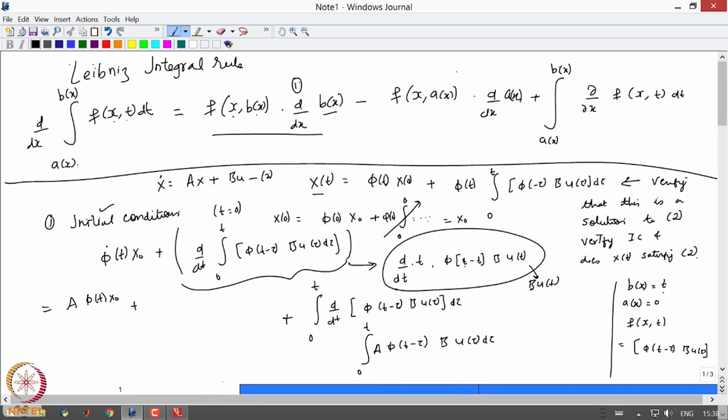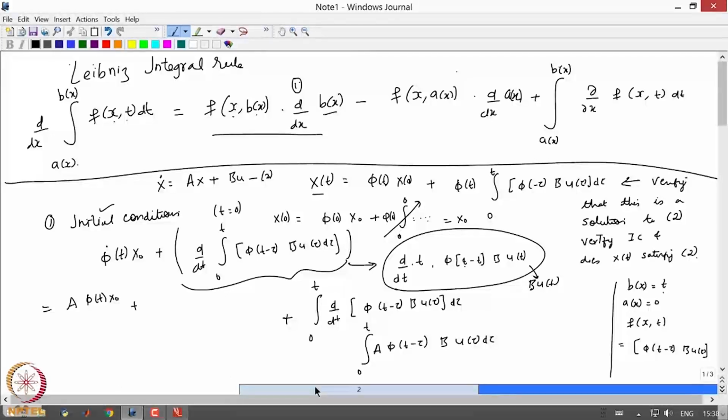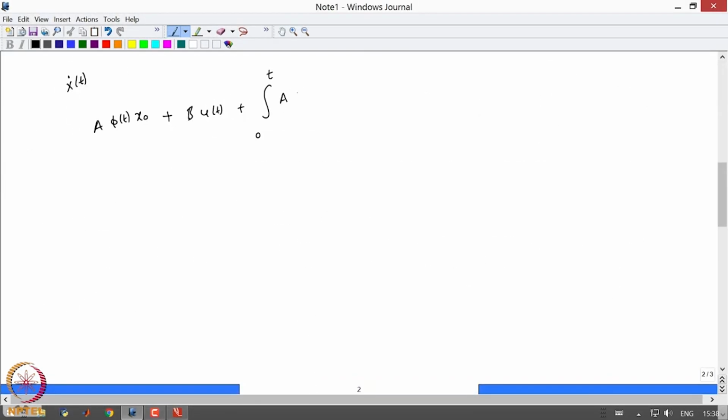I have the integral 0 to t of A phi of t minus tau.